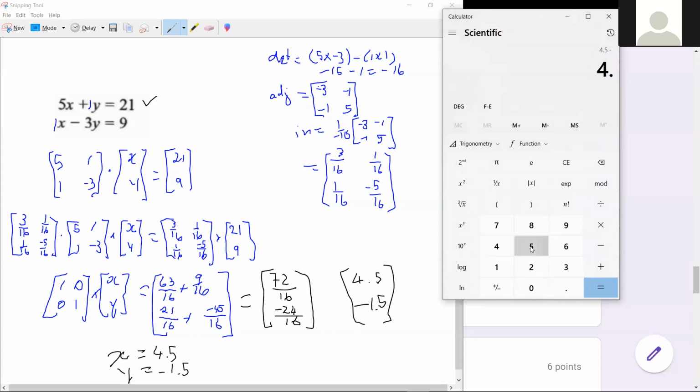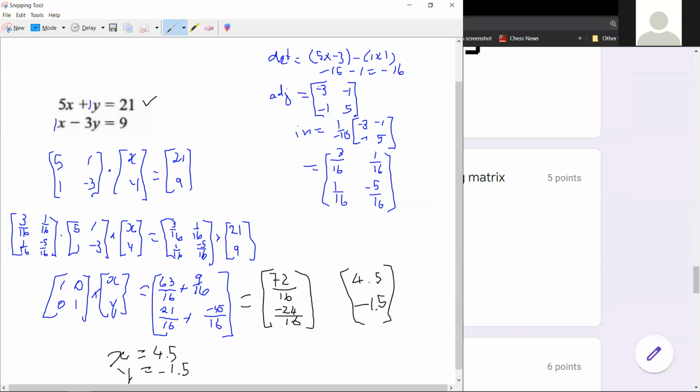It's 4.5 minus bracket 3 times minus 1. Okay, this calculator is not correct. Let me just bring in the top cheetah.